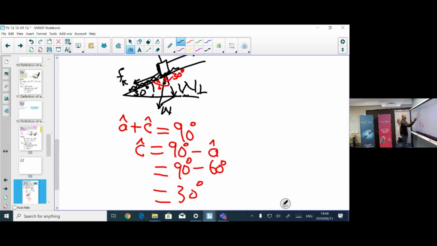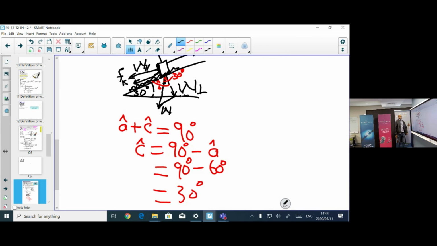Okay, now I have to show you. This one is parallel to the surface. This line here is parallel to the surface, and even here, we are going to have something. We have friction, frictional force, kinetic friction, and then we have W parallel.